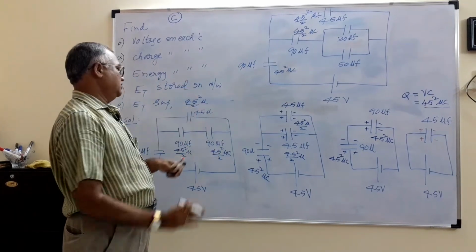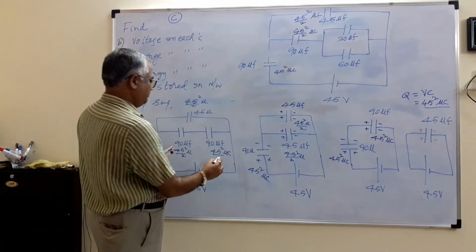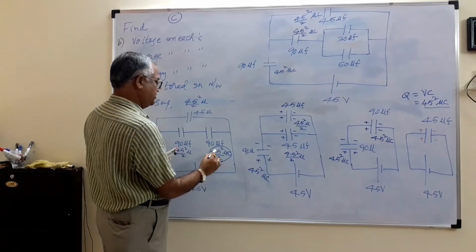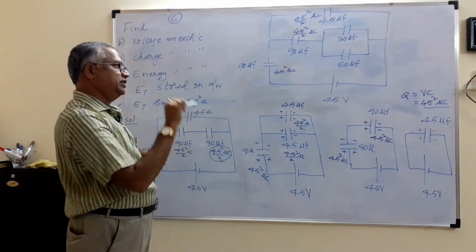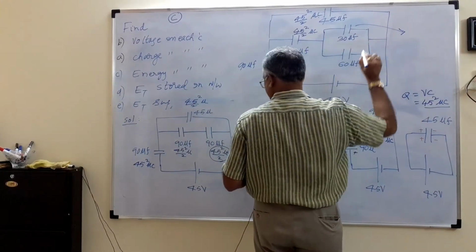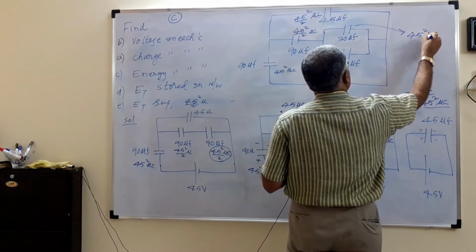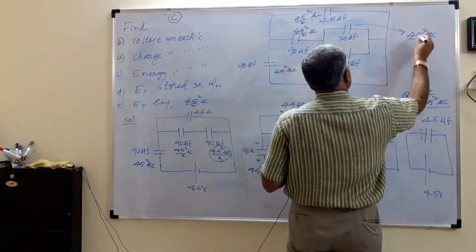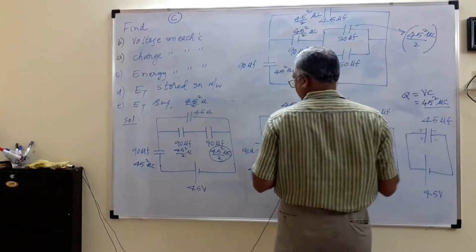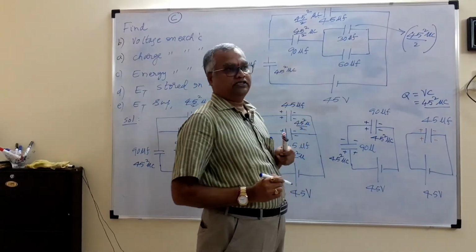So they are parallel. Parallel means what is same? Voltage same, charge divide. But what is the charge available here? This charge divides between 30 and 60. So how to find the charge in this capacitor? Total charge is 45 square microcoulomb by 2. This total is dividing between 30 and 60.